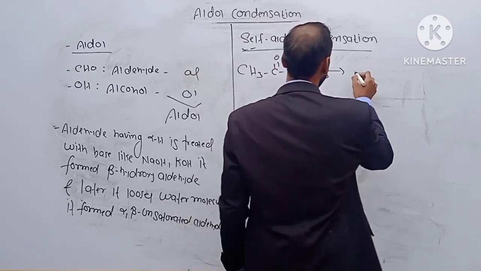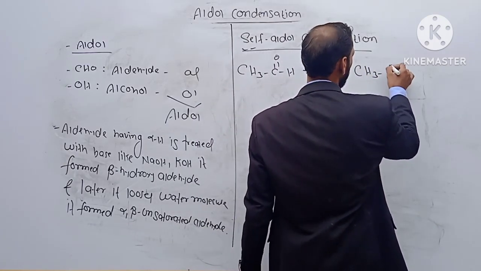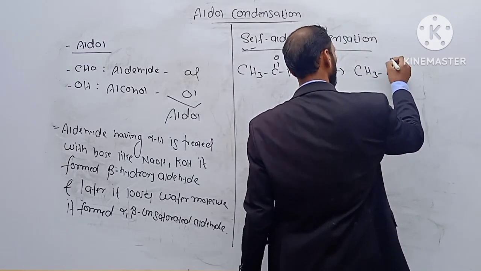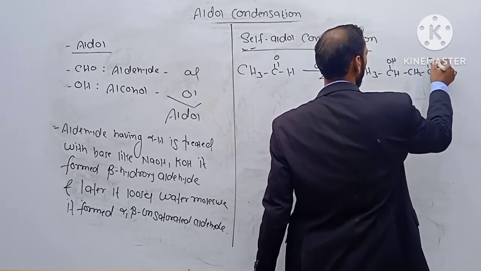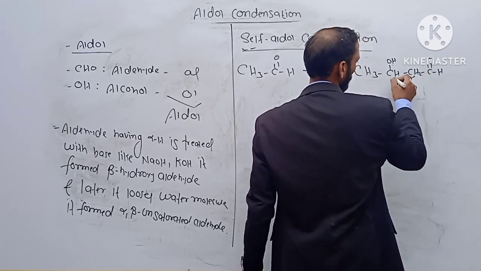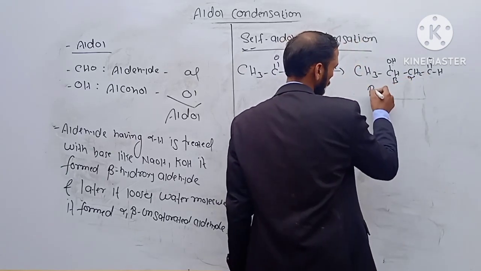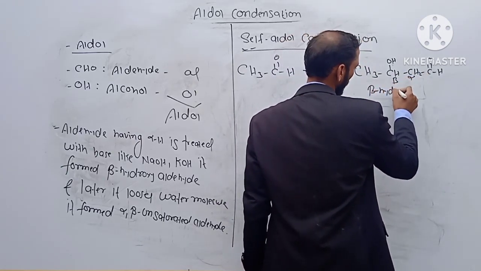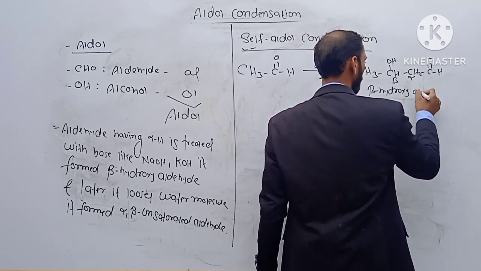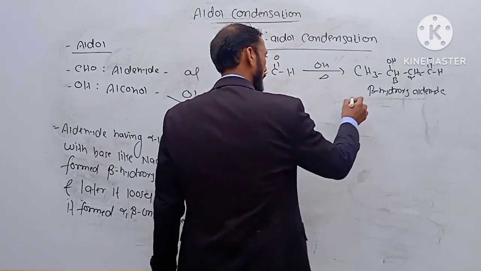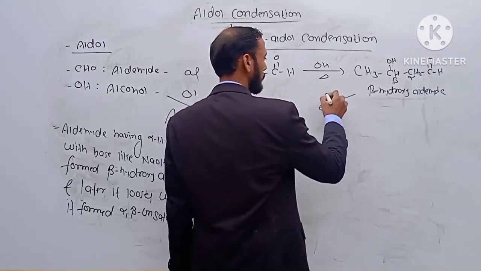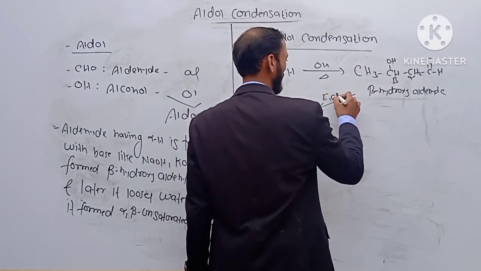It forms CH3CH(OH)CH2C double bond OH, beta hydroxy aldehyde, and later it loses a water molecule by E1CB reaction.